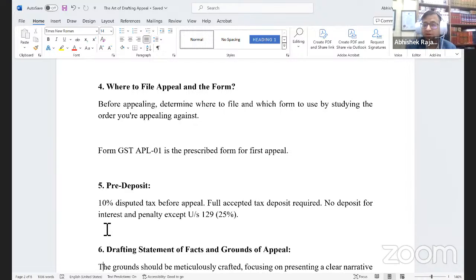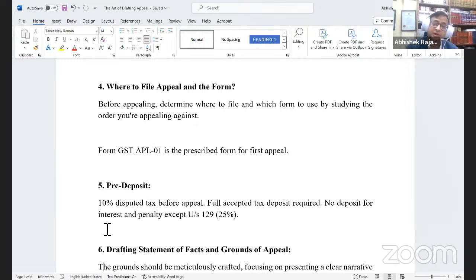In fact, last year, a GST appeal amnesty was provided by the government, which was valid up to 31st of January 2024, against orders passed under sections 73 and 74 and rejected on the basis of timelines. In this case, the pre-deposit was not 10%, it was enhanced to 12.5%. And out of 12.5%, 20% of that amount was to be deposited mandatorily in cash.